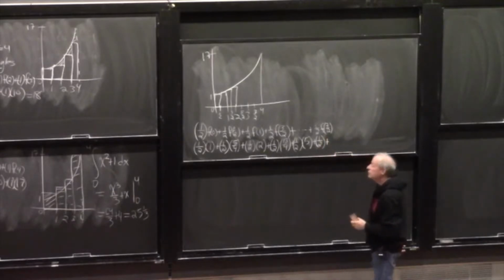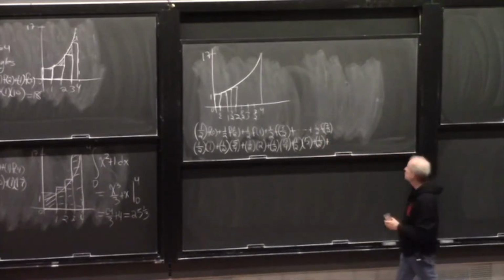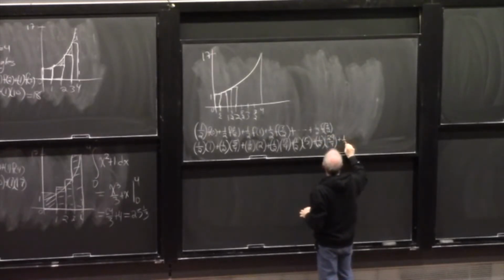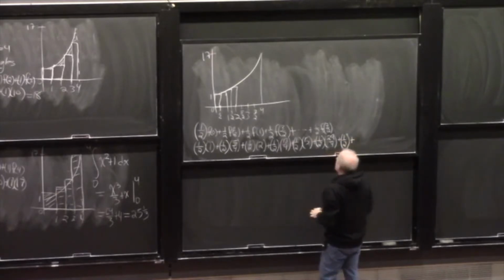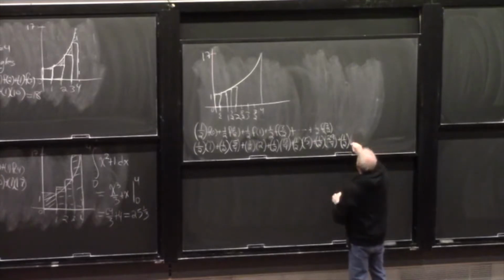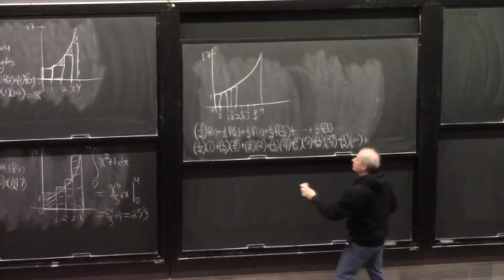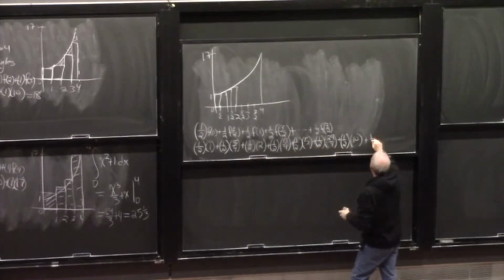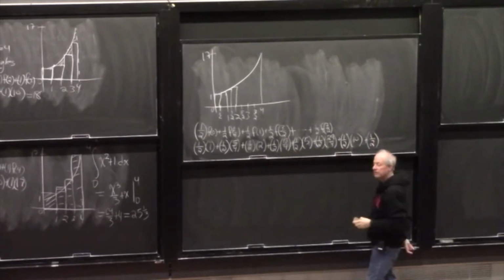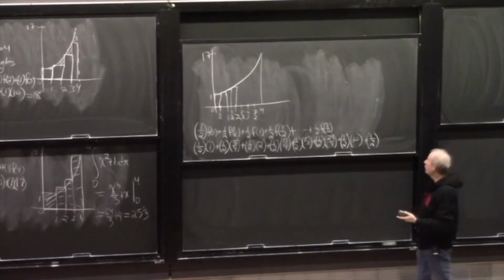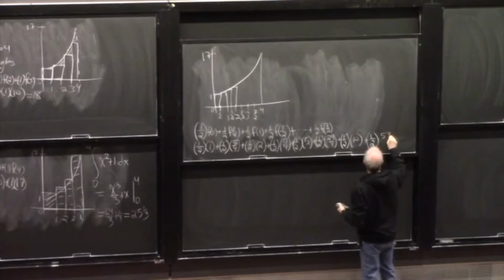I plug in 2 and a half, 5 halves, I get 25/4 plus 1, so I get 29/4. I plug in 3, I get 10. How many of these have I got so far? 1, 2, 3, 4, 5, 6, 7. Good, last one. And now I've got 3 and a half, which is 7 halves, but squared is 49/4, plus 1 is 53/4.